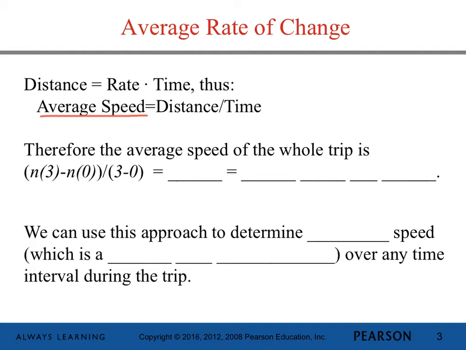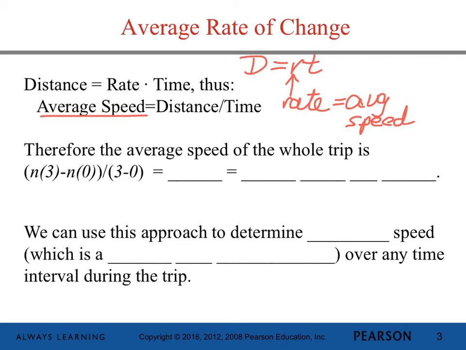Because distance equals rate times time, if we want to know the average speed, then average speed is a rate, and it's a rate of change.